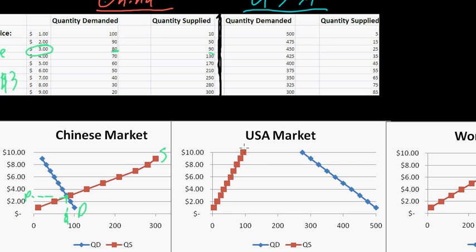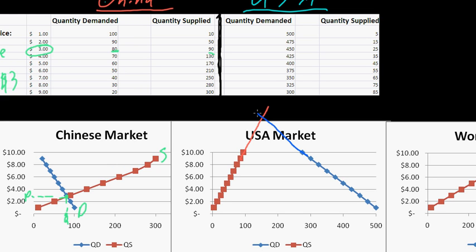So if we were to extend this supply line, that would be the supply line, up like this. Actually, I'm not going to make it that long because we're already running out of space. And then extend the demand line.